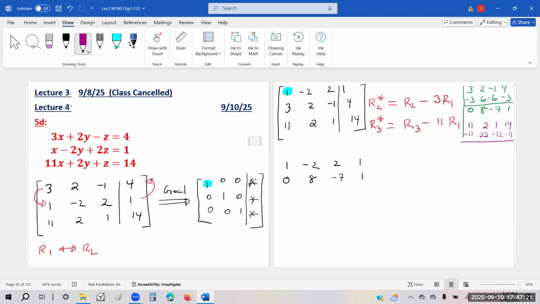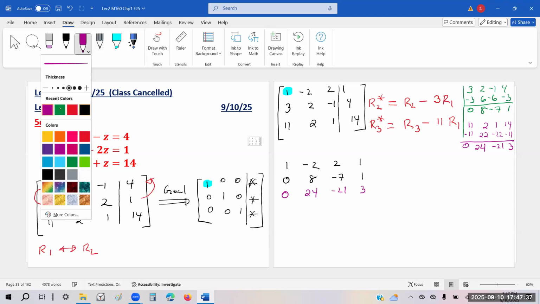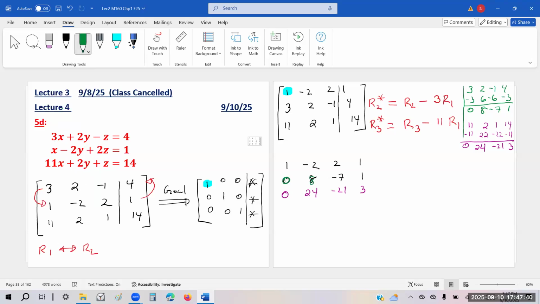So the new one will become 0, 24, negative 21, and 3. So we got this and this. Our first column is complete. We got what we wanted in the first column.